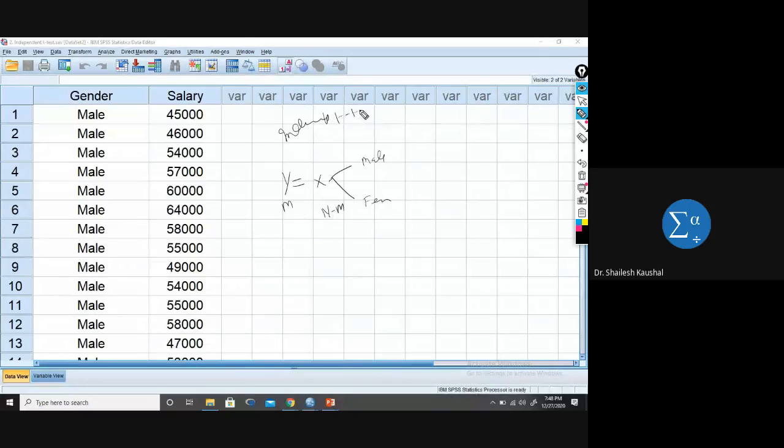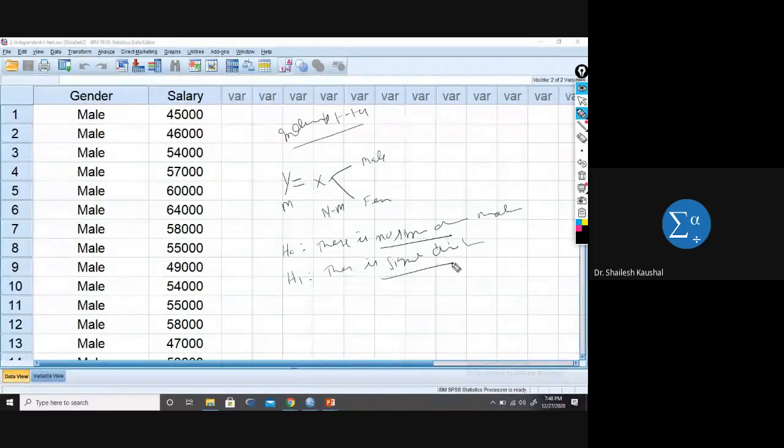So what is my hypothesis? My null hypothesis is that there is no significant difference between the salary of male and female teachers in the private sector. The alternative hypothesis is that there is a significant difference between the salary of male and female teachers.